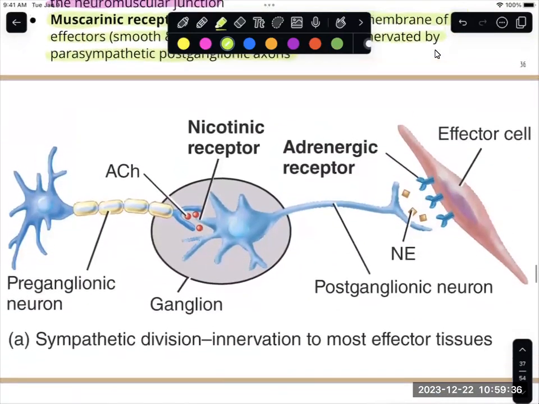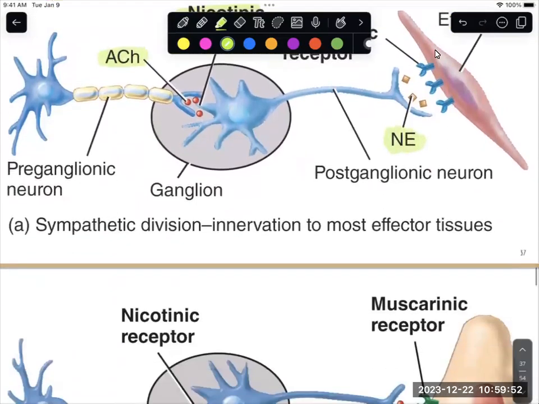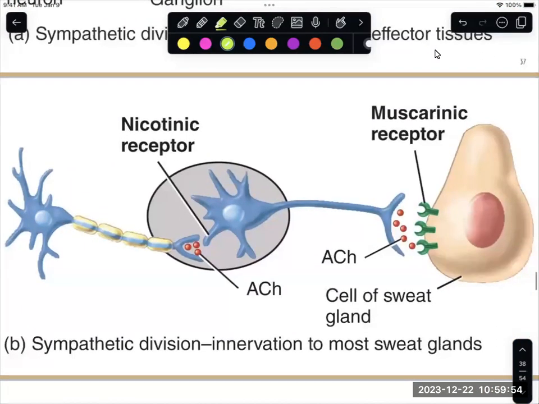So this nicotinic receptor here releases that acetylcholine, and then we have this norepinephrine being released out because we have sympathetic. Here we have a nicotinic that's releasing that acetylcholine, and this muscarinic that is also releasing out acetylcholine.